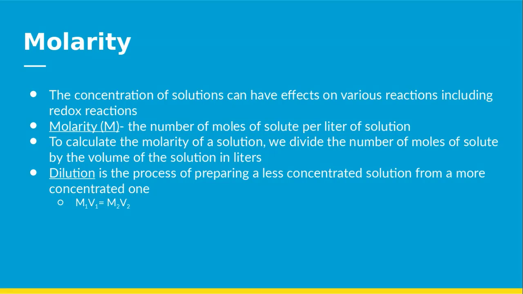A dilution is the process of preparing a less concentrated solution from a more concentrated one, and you see this very often with the equation M1V1 equals M2V2. It's an easy way to determine how much dilution is required to form a more dilute solution.